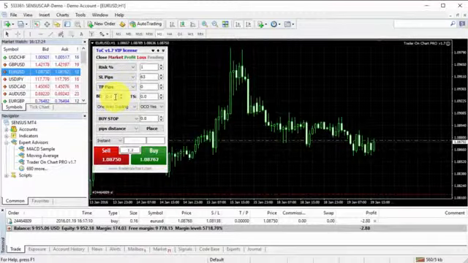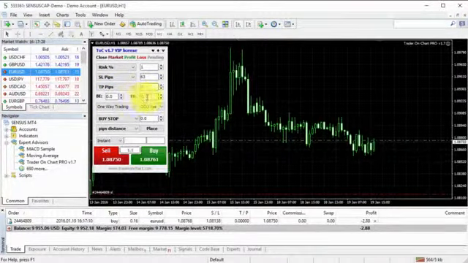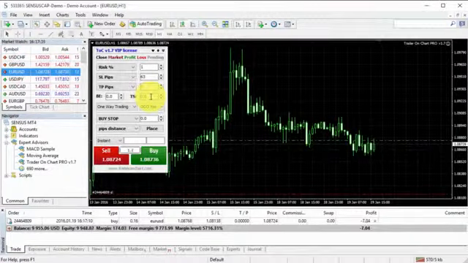Additionally, I can apply break even or trailing stop. Now, for trailing stop, it's quite obvious. If you don't know how trailing stop works, I won't go through an explanation in this video, just to make it short.